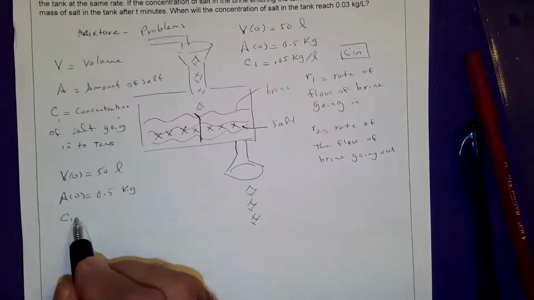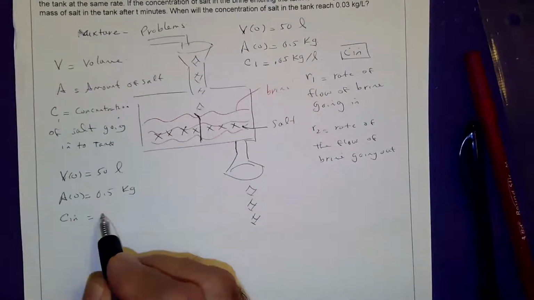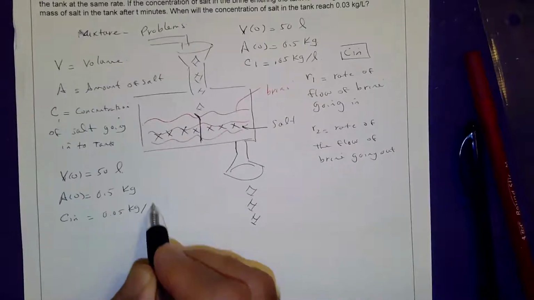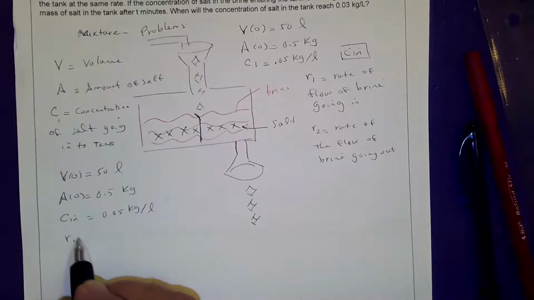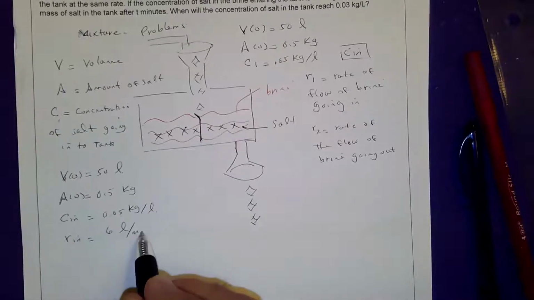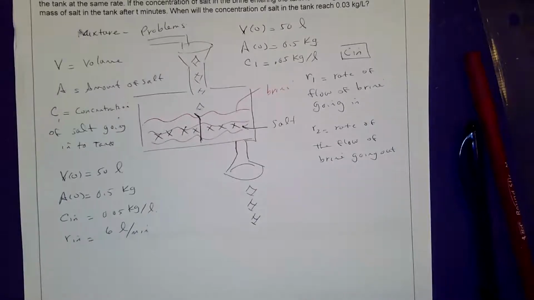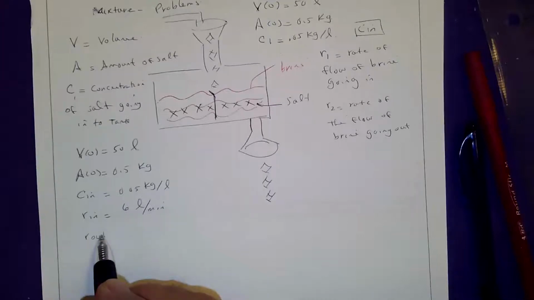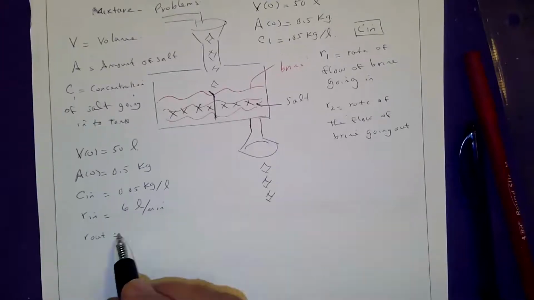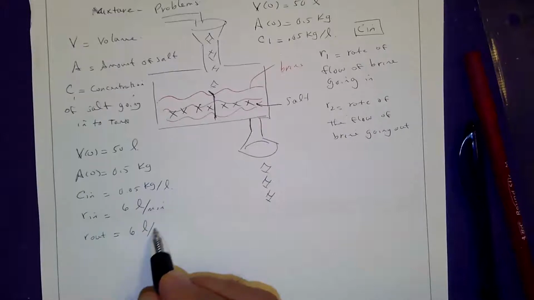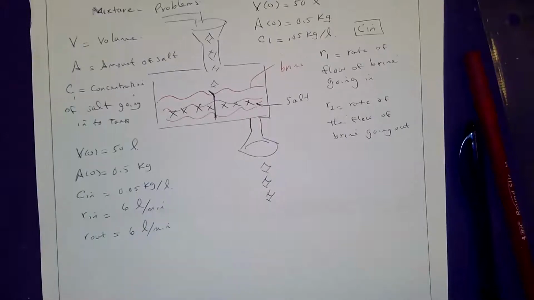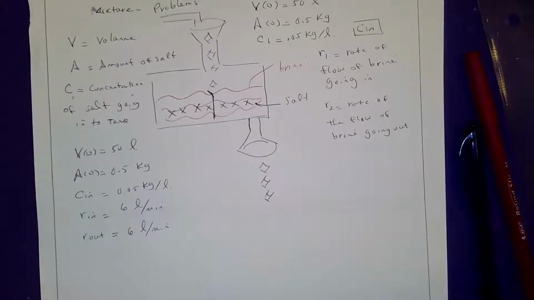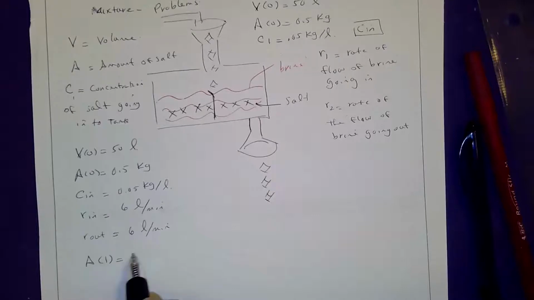We also know C in, the concentration, is 0.05 kilogram per liter. We also know R in is 6 liters per minute. These are all given. And we also know how fast the solution is pouring out, which is the same rate as it was pouring into the tank. So these are identical, correct? We'd like to find the amount of salt after 1 minute.